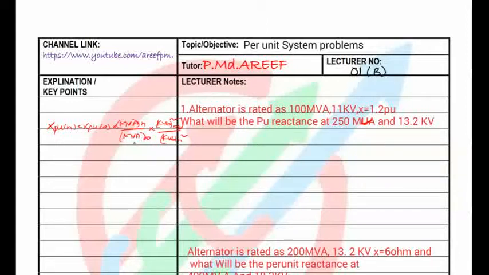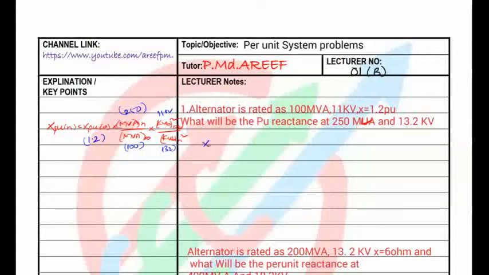So based on this formula, what is our X per unit old? It is 1.2, and MVA new is 250, and MVA old is 100 MVA. Now kVb old is 11 kV, and kVb new is 13.2. So we'll substitute in this formula.